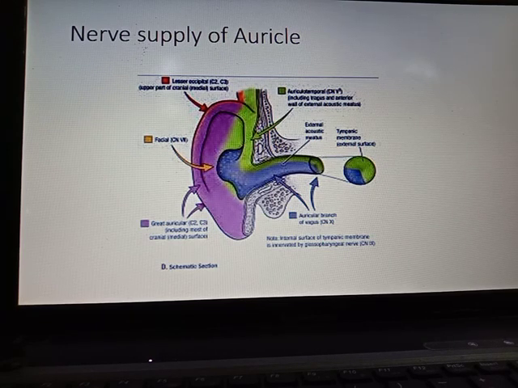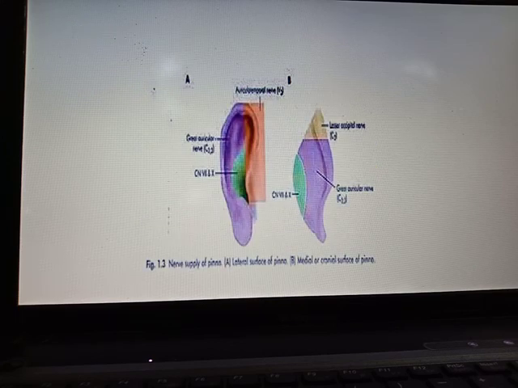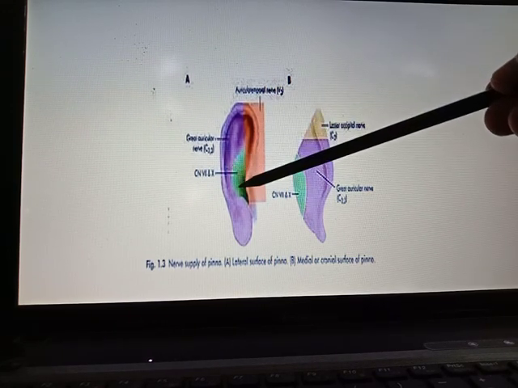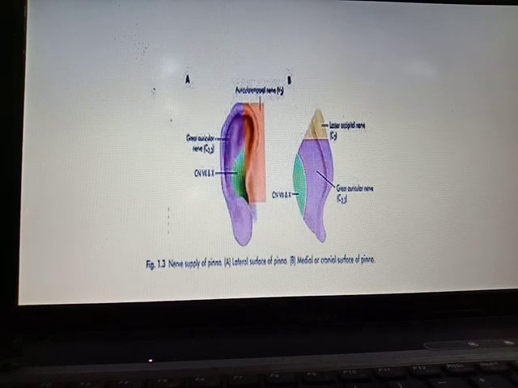The great auricular nerve, and sometimes the facial surface by the auricular branch of the vagus nerve. Sometimes the vagus nerve also supplies this part. This region is supplied by the vagus nerve, and branches from the auriculotemporal nerve.